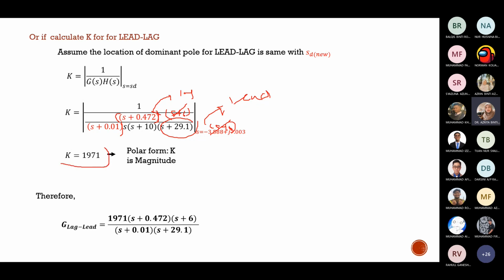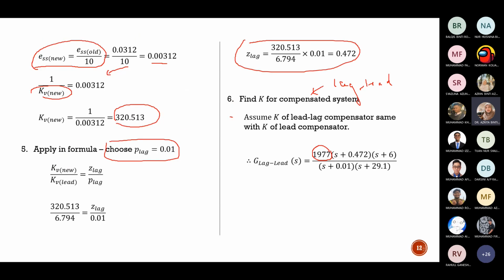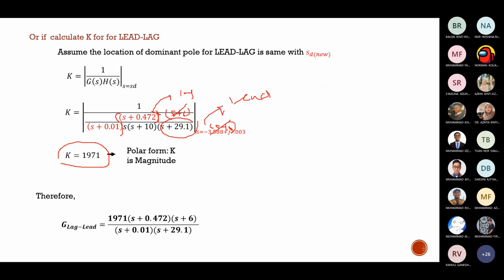After I apply the formula, I obtain that the value of gain K is equal to 1,971. So we observe that the value of gain K here is almost the same with the gain K from the lead compensator. So that's why we can just assume that the K of the lag compensator is the same with the K of the lead compensator.